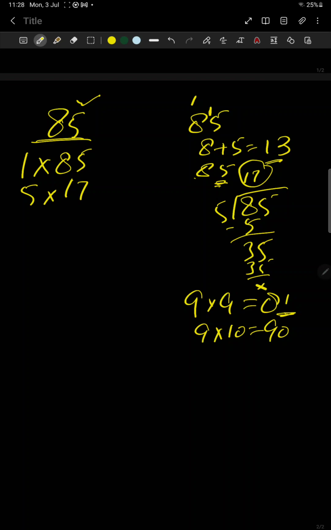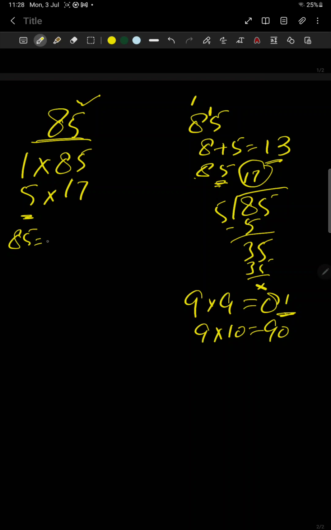It is not coming in the table of 10 as well, so further we will not check, because if we are going to check with 11 or 13, it will be multiplied by another number over here, like 6, 7, 8.